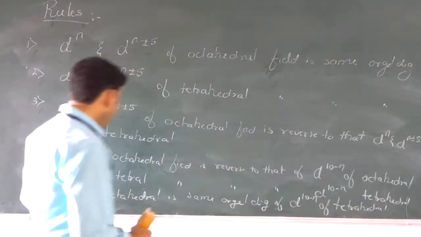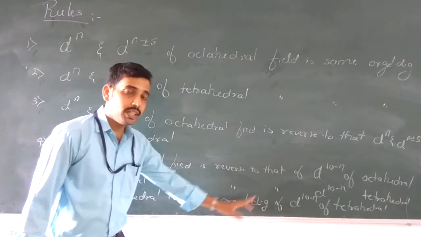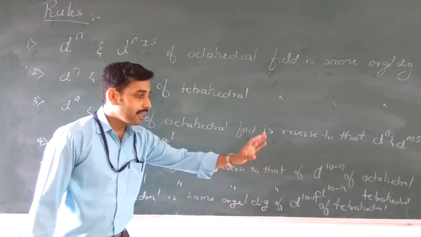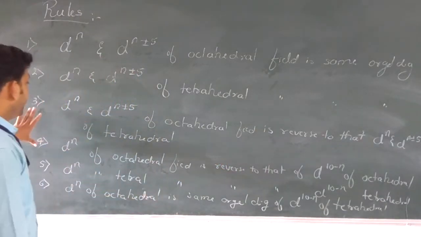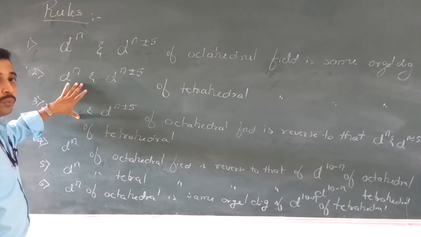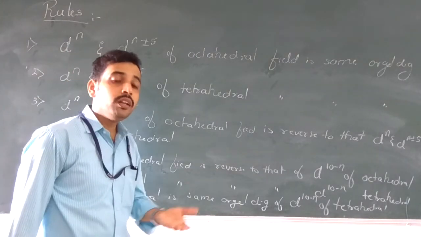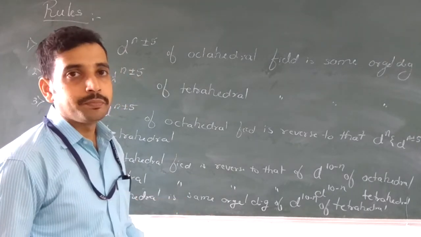Suppose dn of tetrahedral geometry has the same energy level diagram, or the same Orgel diagram, as d(10 minus n) of octahedral geometry. So these are the important rules, with the help of which we can draw or construct the Orgel diagram.